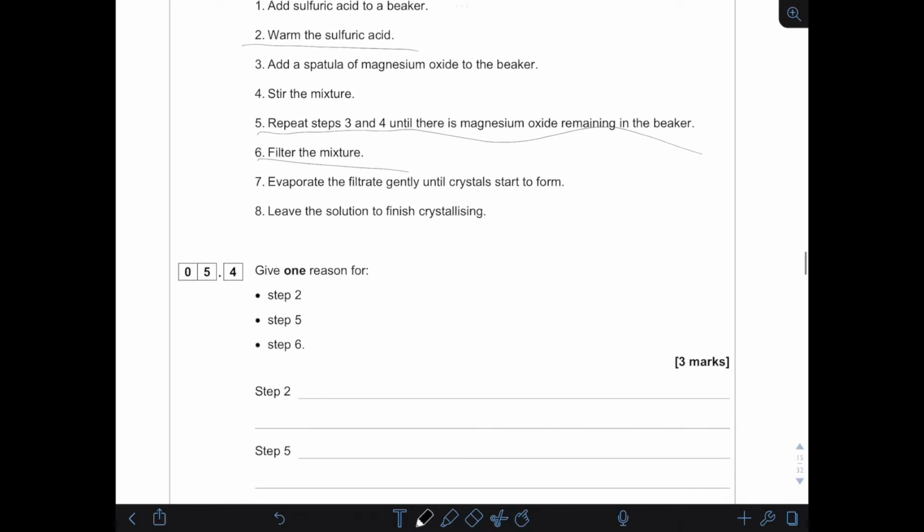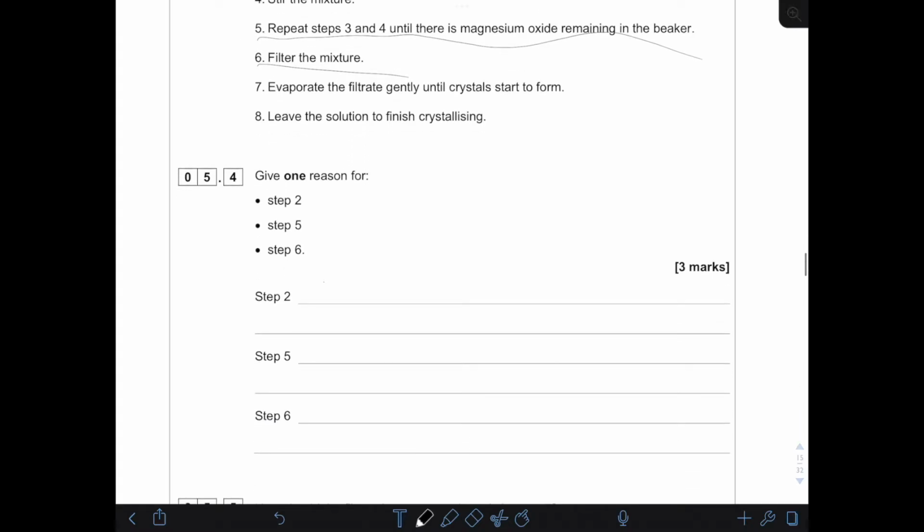Right, so step 2, why are we heating the sulfuric acid? So a hot solution dissolves more salts. Magnesium oxide is a salt, right? So you want to dissolve more magnesium oxide into the sulfuric acid.